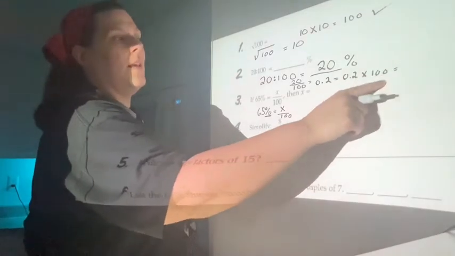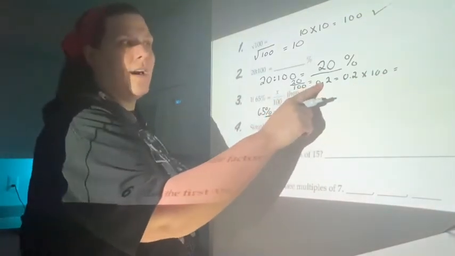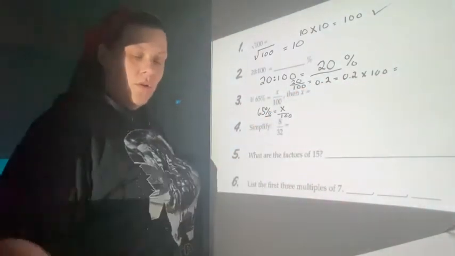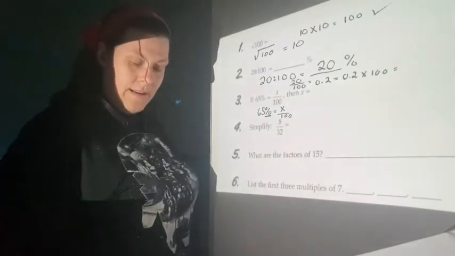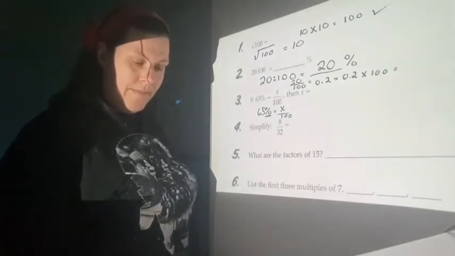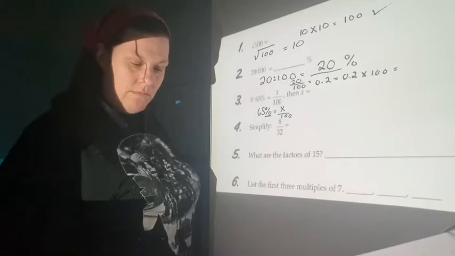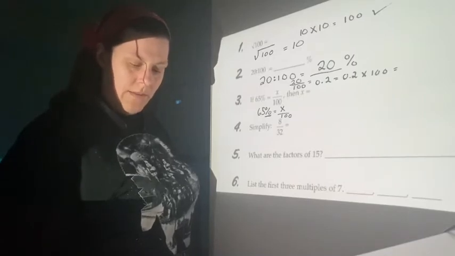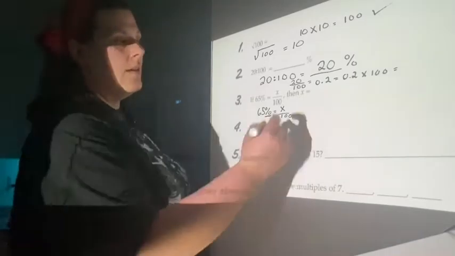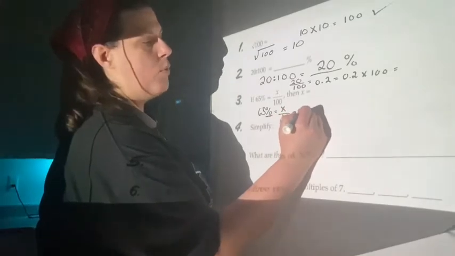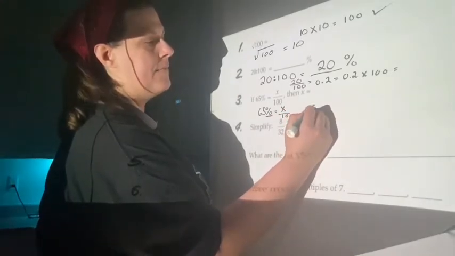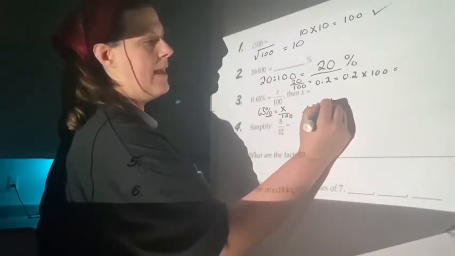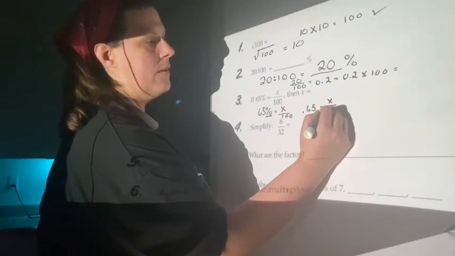If we're going the other way, we divide. We do the opposite. So we take that 65 divided by 100. And that will give us what? 65 divided by 100 equals, so we know 0.65 equals x over 100.